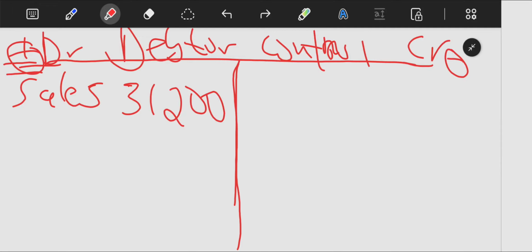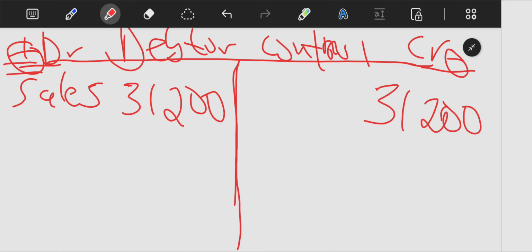Okay, fine. Right, now this person said, no man, I want to return the merchandise. So when we return the merchandise, it means that this debtor is no longer owing us. If they no longer owe us, it means that we're going to credit. We are reducing the debt.